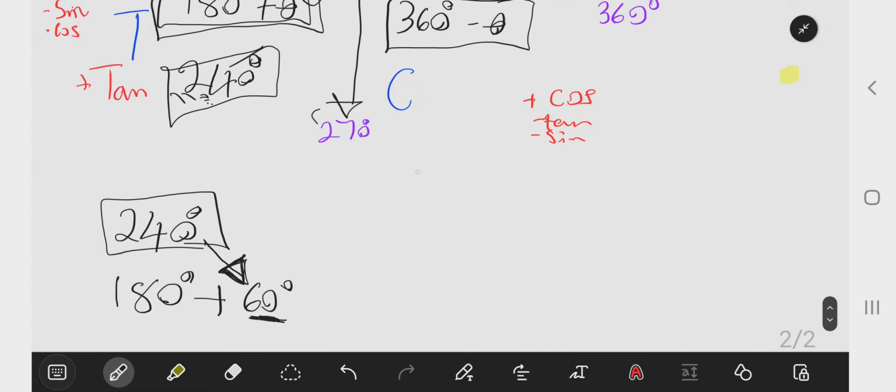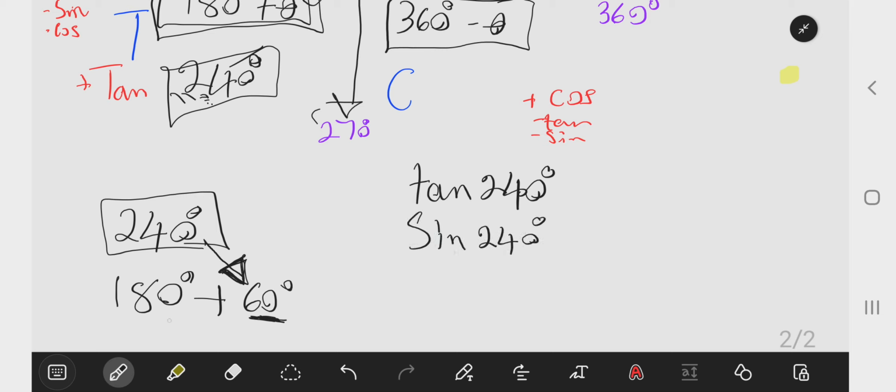Okay, so now we can conclude that tan 240, or sine 240, and also cos 240. This is equivalent to tan 180 plus 60, as we said that that is in the third quadrant, right?